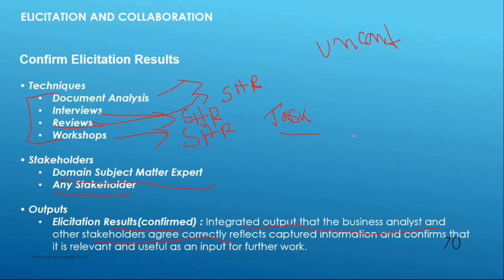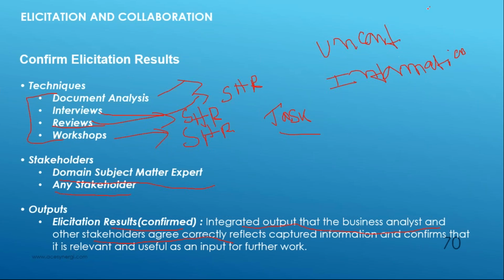As you work in this knowledge area as a business analyst, whatever elicited information you have got, you have to get it confirmed with all the stakeholders so that there is no ambiguity.